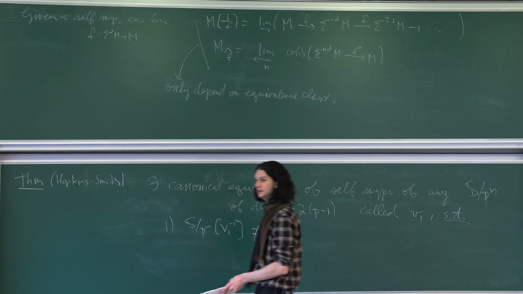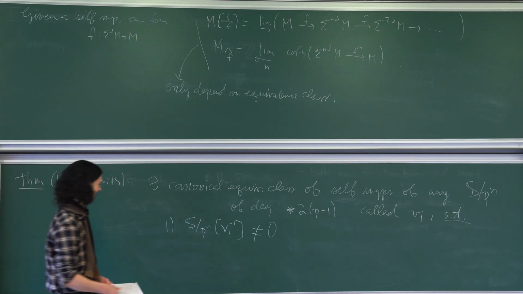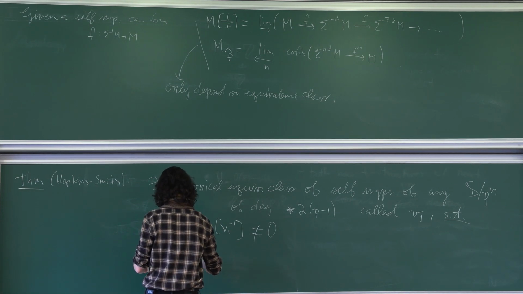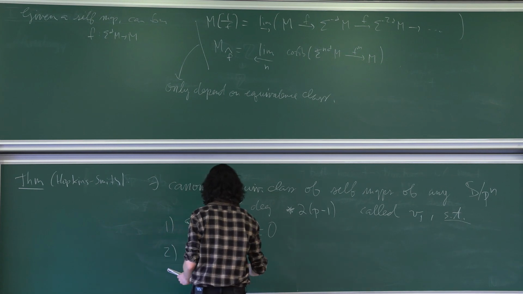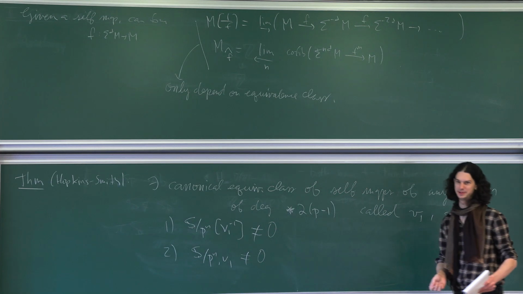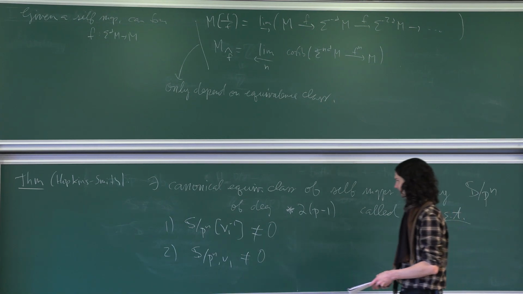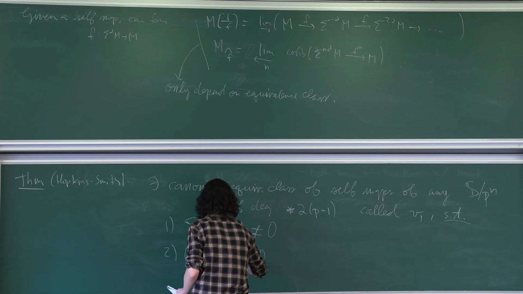Yeah, and on Z mod p, it is 0. On Z mod p, it is 0, correct, yes. So 2 is that if you take S mod p to the n completed along V1, this is also non-zero. So you also can't take V1 to be an isomorphism. Or maybe I should say, let's say complete along V1, and that's non-zero.